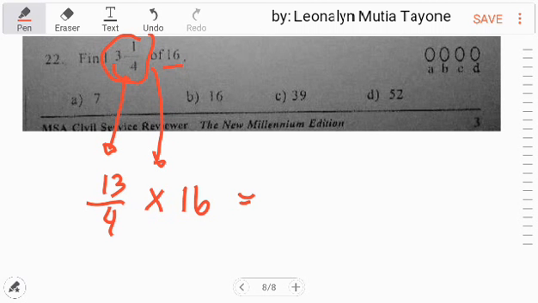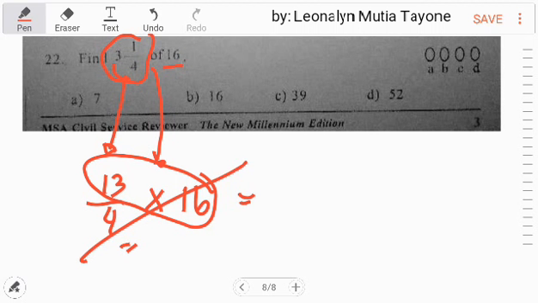Ngayon, pwede na tayong mag-multiply. There are two ways of doing this. It's either i-multiply mo siya bago ka mag-divide ng 4, or ang pinakamadali, 16 divided by 4 equals 4. 13 times 4 is equals to 52. Mas madali pa yun.